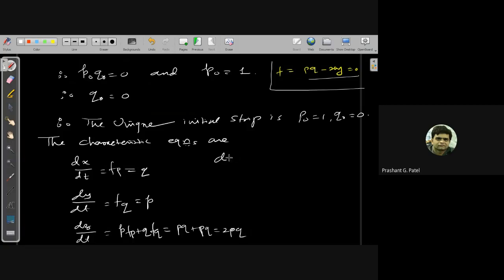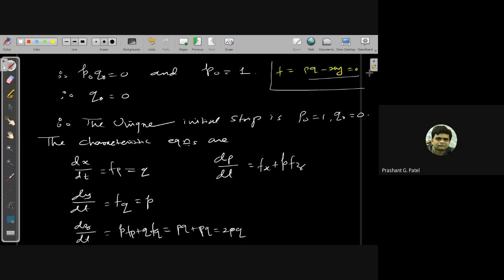dp by dt is fx plus p fz. But note that there is no z in this function, so the derivative of this function with respect to z is 0.